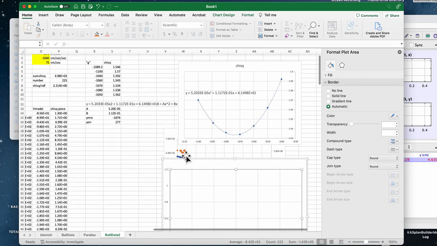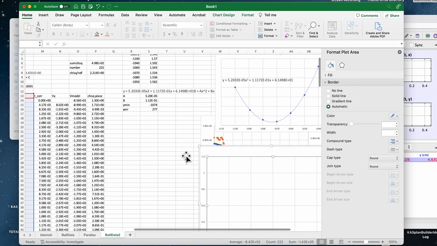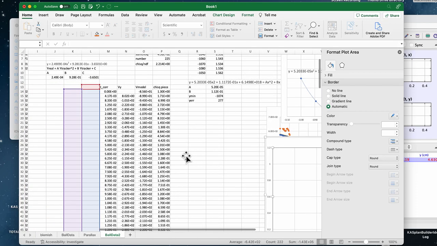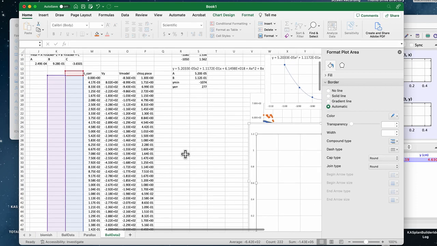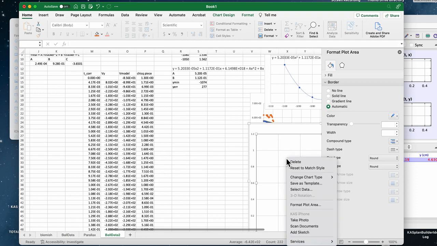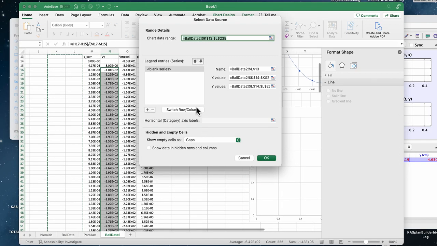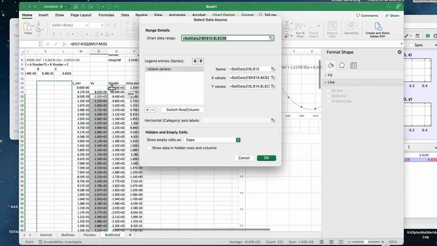Okay, let's see. Oh, yeah, it's looking at the wrong thing completely. It's more than ball data 2. We moved over the series to N. Okay, so that's what we want to do.